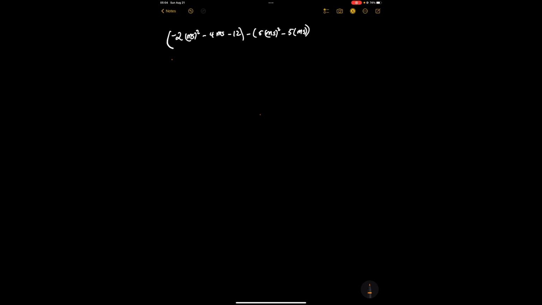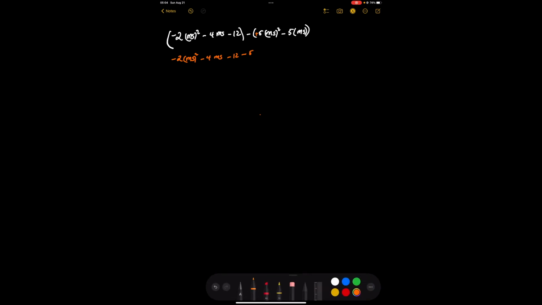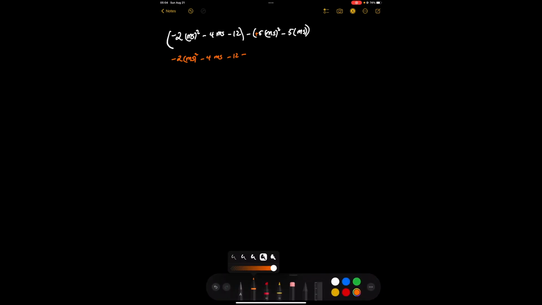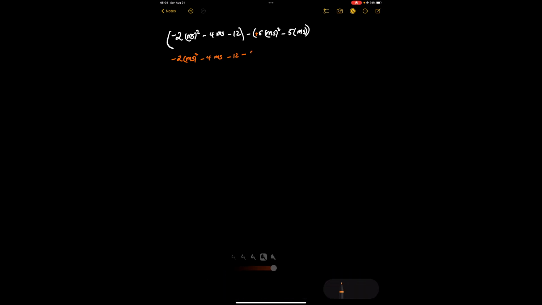So it will be -2m squared minus 4m minus 12 minus, so that's a positive right here. Negative times positive is negative, so that will be -5m squared, and negative times a negative is positive, so plus 5m.